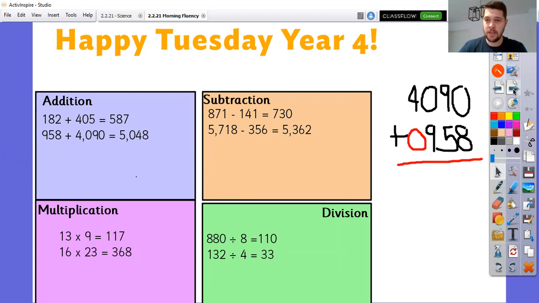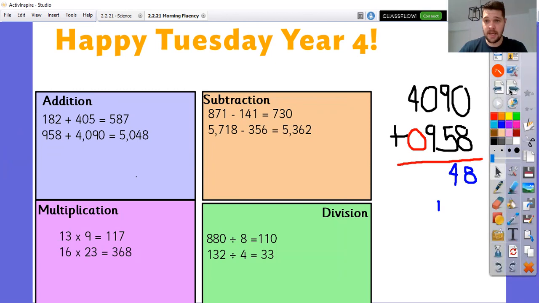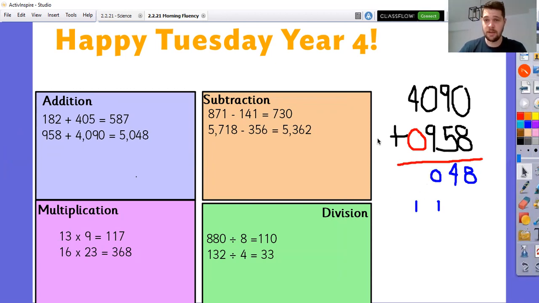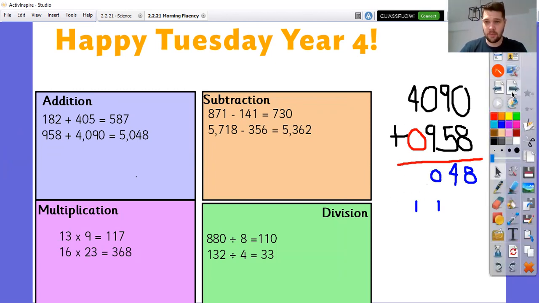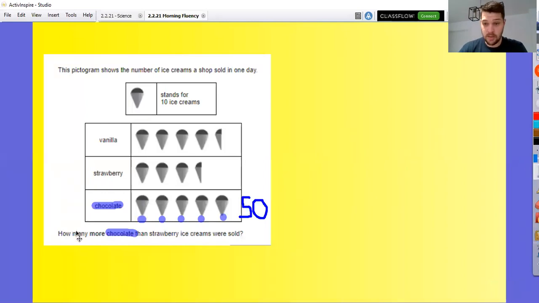So let's start. 0 plus 8 equals 8. 9 plus 5 is 14, so 4 carry the 1. 0 plus 9 is 9, plus our 1 is 10. So again, 0 carry the 1. 4 plus that 1 we just carried over is 5. So 5048.